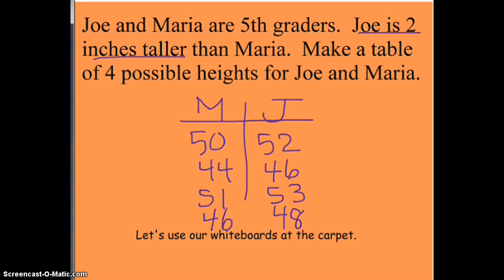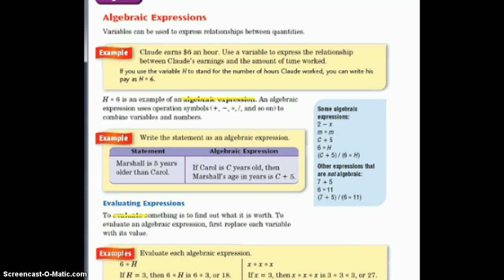At this point we haven't written any algebraic expressions. We've simply filled in the table with possibilities. Are these all the possibilities? Definitely not. Algebraic expressions, I know we've talked about them before, but it's an expression that uses variables. The idea is to express relationships between two quantities, that means between two amounts. In the example, Claude earns $6 an hour.